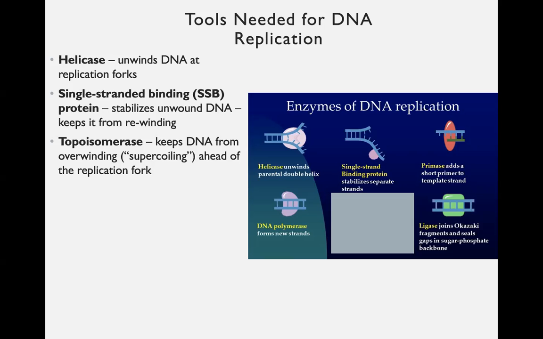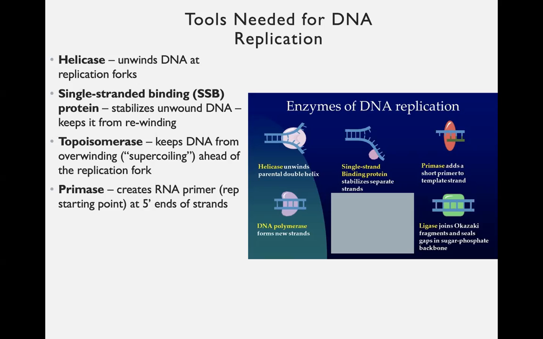And then before any DNA can be laid down, there's something called an RNA primer that has to be put down. So to complicate things even more, you can't just start laying down the DNA nucleotides. You have to put down some RNA first. We haven't talked about what RNA is, but just take that for what it is right now.